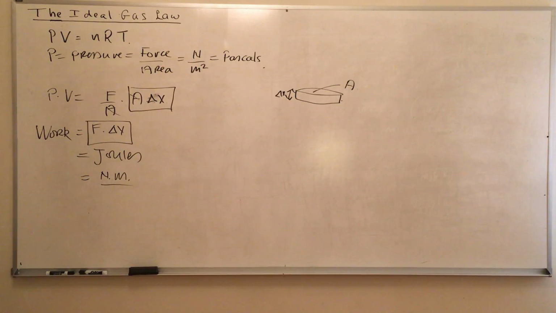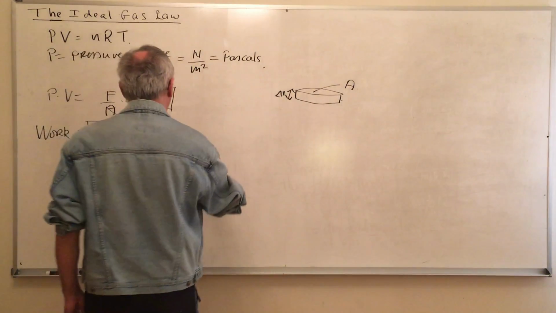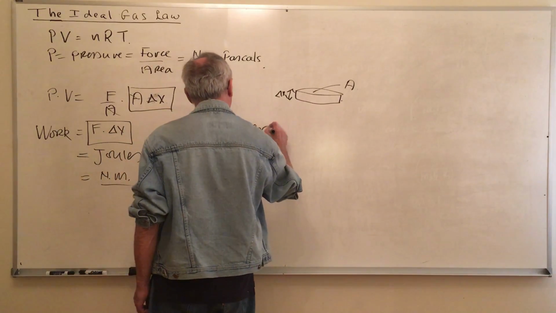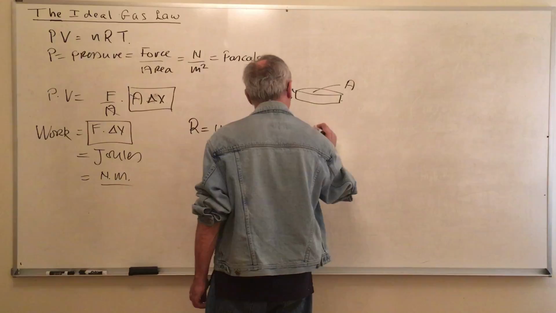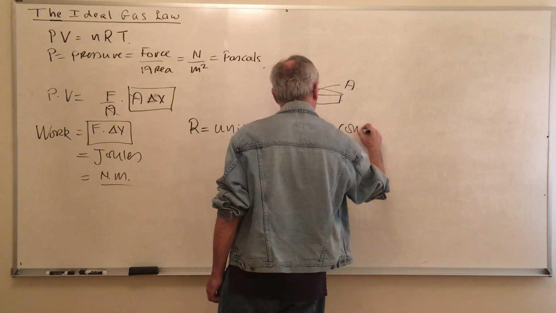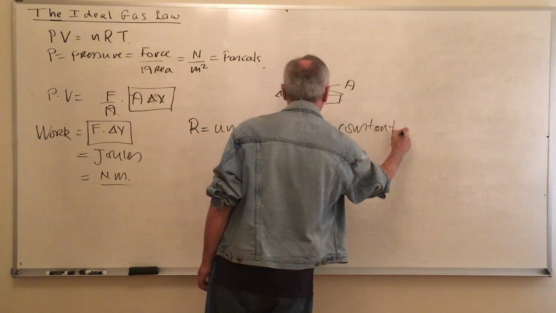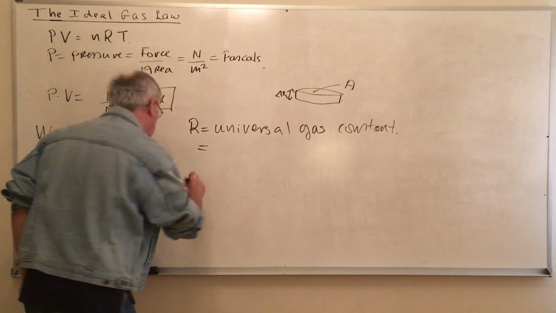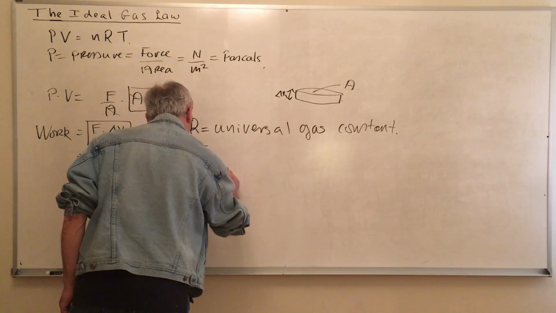So the other quantities in here are the following. R is the universal gas constant. T is temperature. Now we know it's in Kelvin.